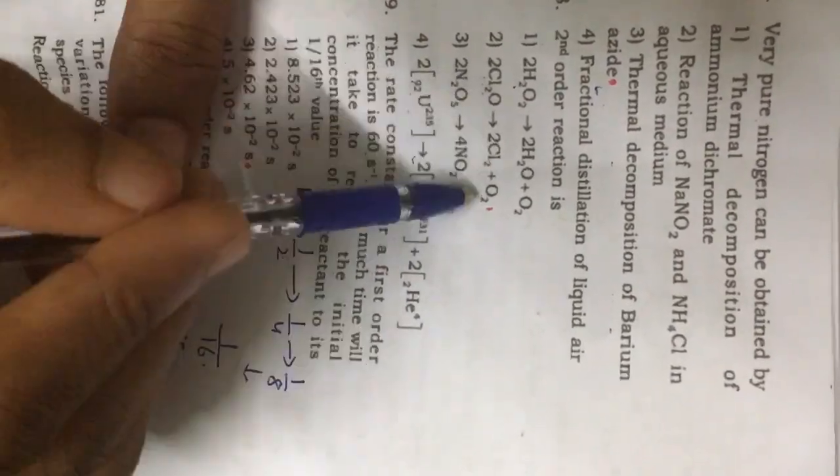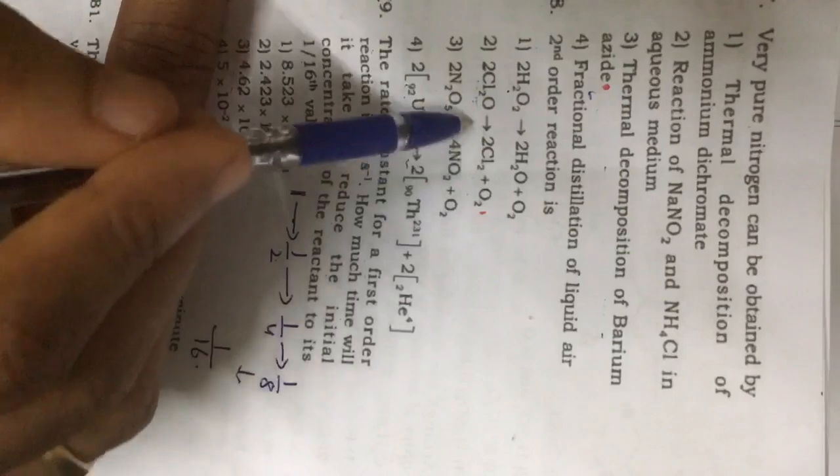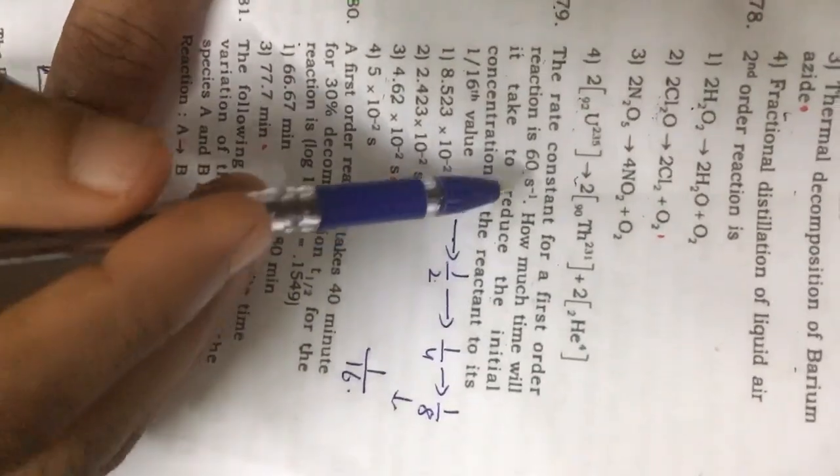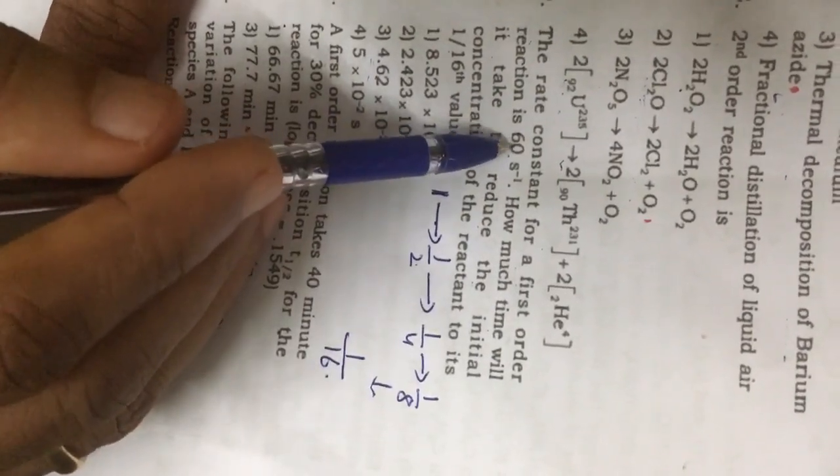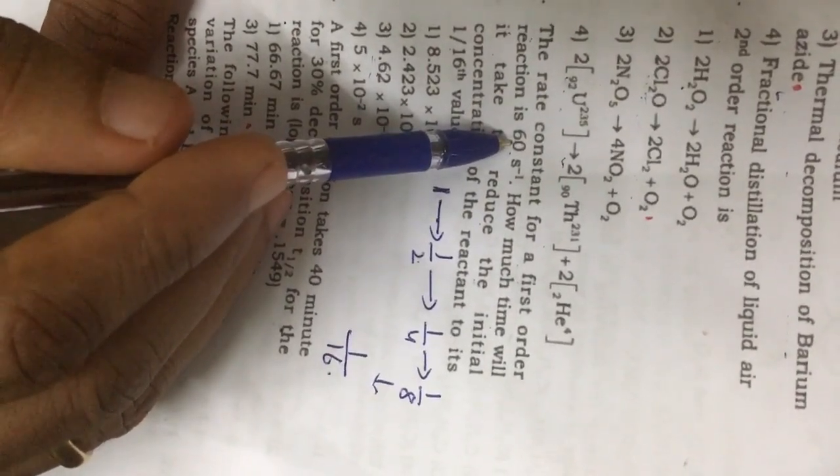This reaction we did not study, so it must be a second order reaction. Question number 79. The rate constant of a first order reaction is 60, means the K value is 60.